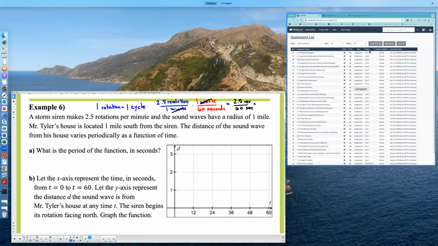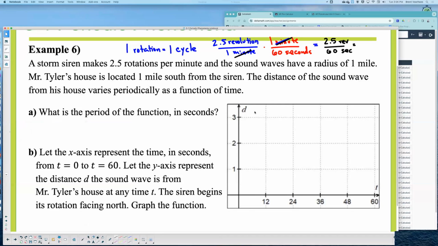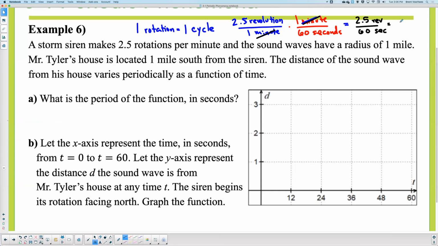Let's just use the calculator. 60, how many times can 2.5 go into 60? 24 seconds. 24 seconds is going to be 1 period. So if 1 revolution would equal 24 seconds, then the period equals 24 seconds. That's what we just discovered there.